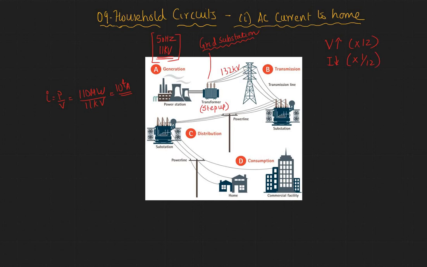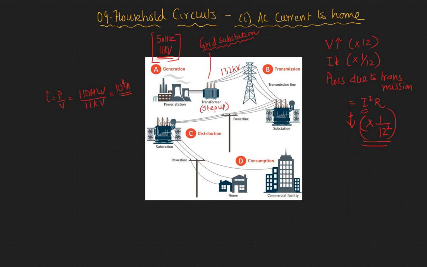Because of this, our power loss due to transmission, which is given by I squared R, would go down. Since this is I squared, your power loss would go down by 1 by 12 squared, right? That's a lot of saving of the power loss. So here the power doesn't lose too much.